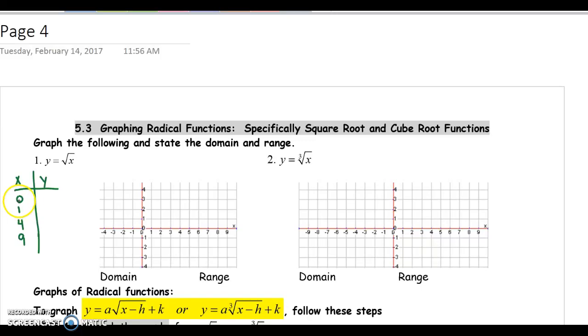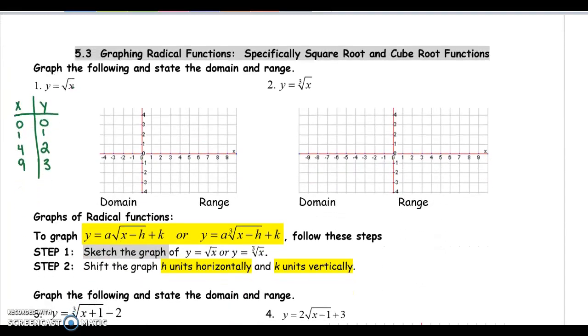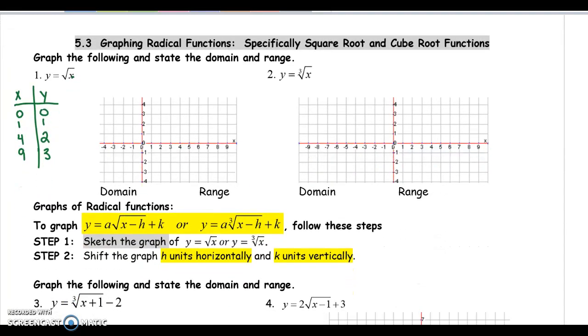So if you were to plug these x's into this function, the square root of 0 is 0. The square root of 1, the square root of 4, and the square root of 9. Plot those 4 points, and let's see what this graph looks like. Although you already know, because we did this yesterday, but, so 0, 0, 1, 1, 4, 2, 9, 3.